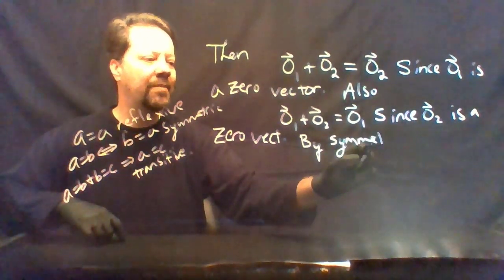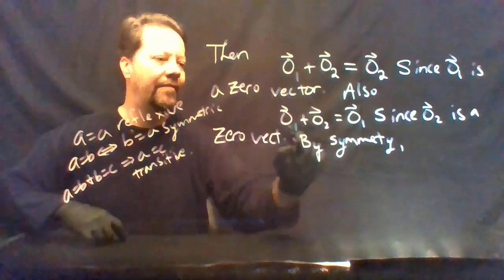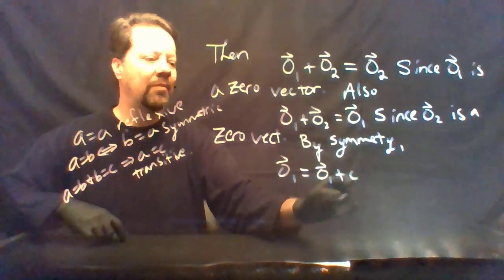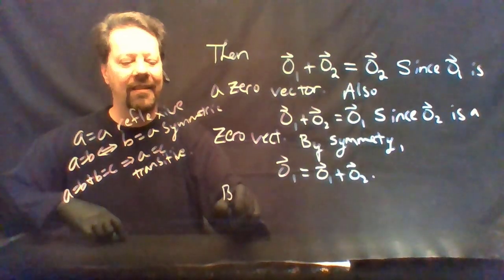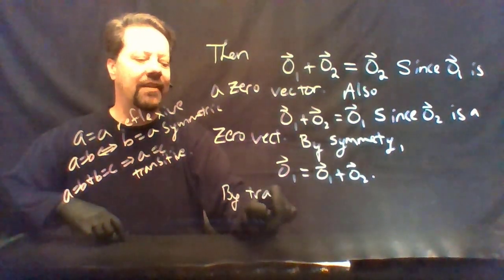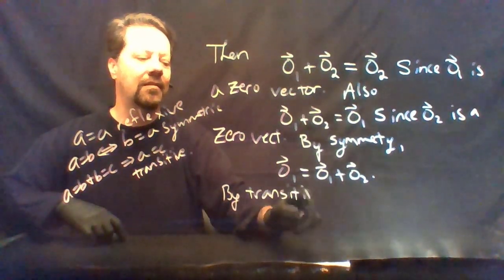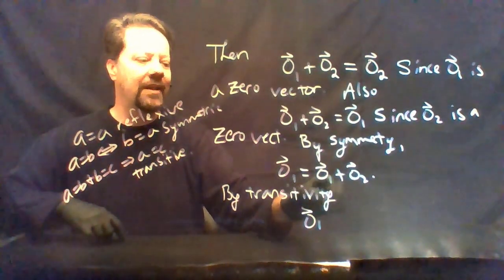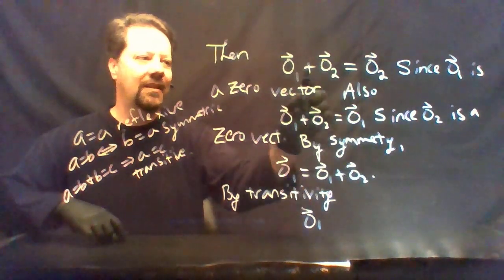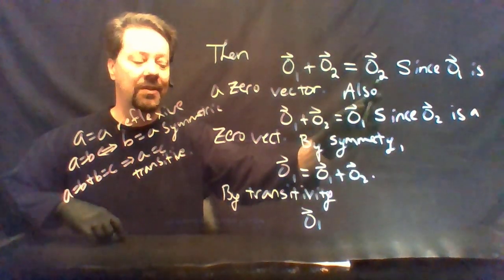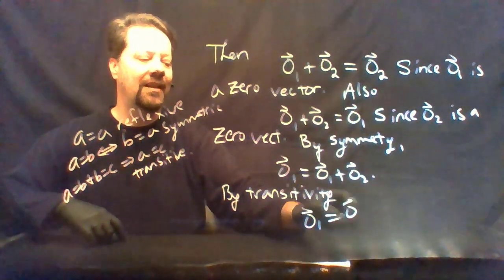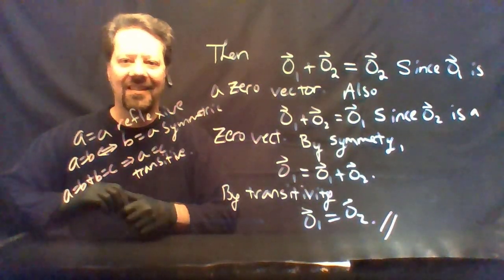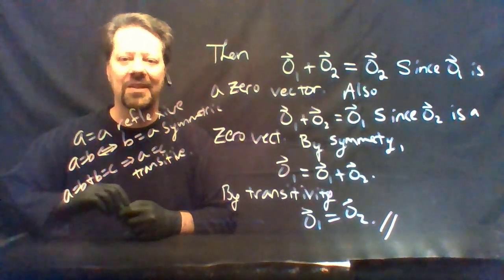By the symmetric property of equality, 0_1 will be 0_1 plus 0_2. Then, by transitivity, since 0_1 is 0_1 plus 0_2, and 0_1 plus 0_2 is 0_2, 0_1 equals 0_2. Therefore, the zero vector in a vector space is unique.